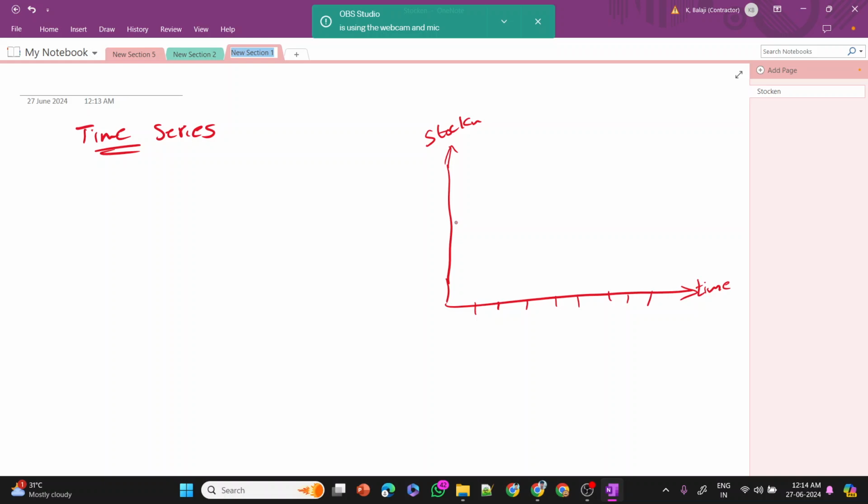The chart with stock price on y-axis, whenever you plot this, it can be like this, it can be like this.